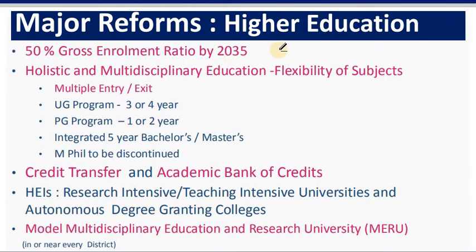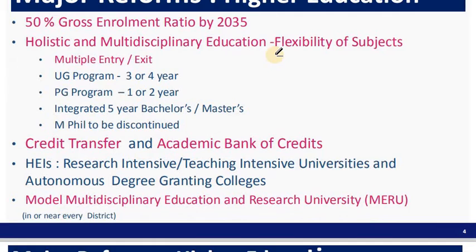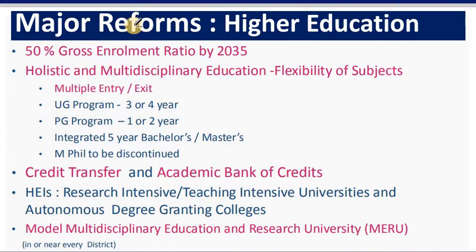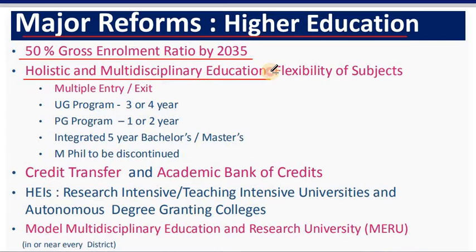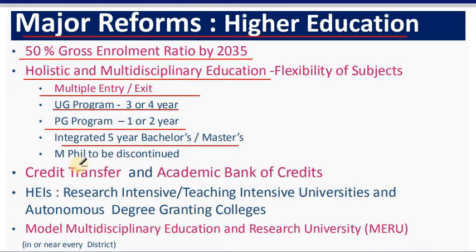And major reforms in higher education. So what are the major reforms in higher education? 50% gross enrollment ratio by 2035. For holistic and multidisciplinary education: flexibility of subjects, multiple entry, UG programs of 3 to 4 years, PG programs of 1 to 2 years, integrated 5-year bachelor's and master's, MPhil to be discontinued.